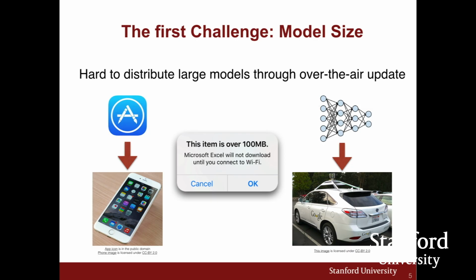If the app is larger than 100 megabytes, you cannot download it until you connect to Wi-Fi. So product managers at, for example, Baidu and Facebook, are very sensitive to the binary size of their models. Also, for the self-driving car, if you want to do an over-the-air update for the model, a model that is too large makes it difficult.